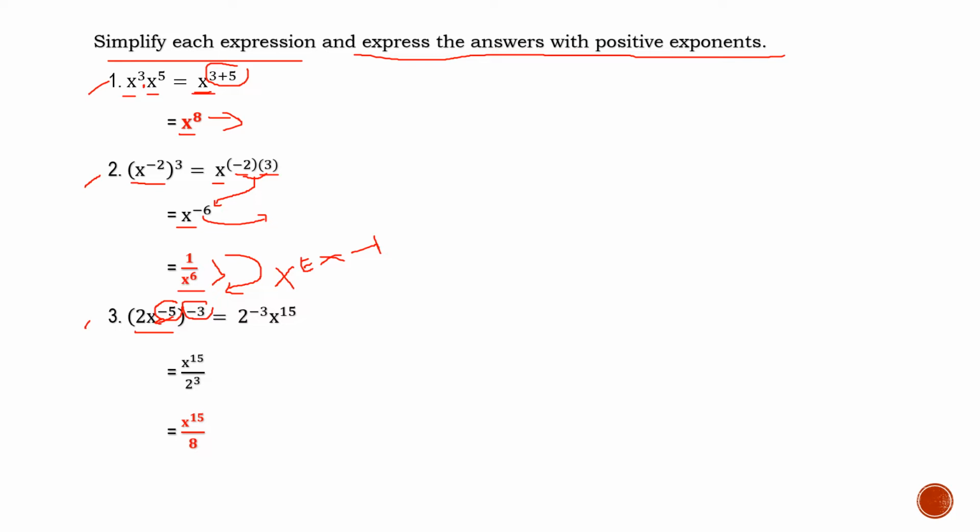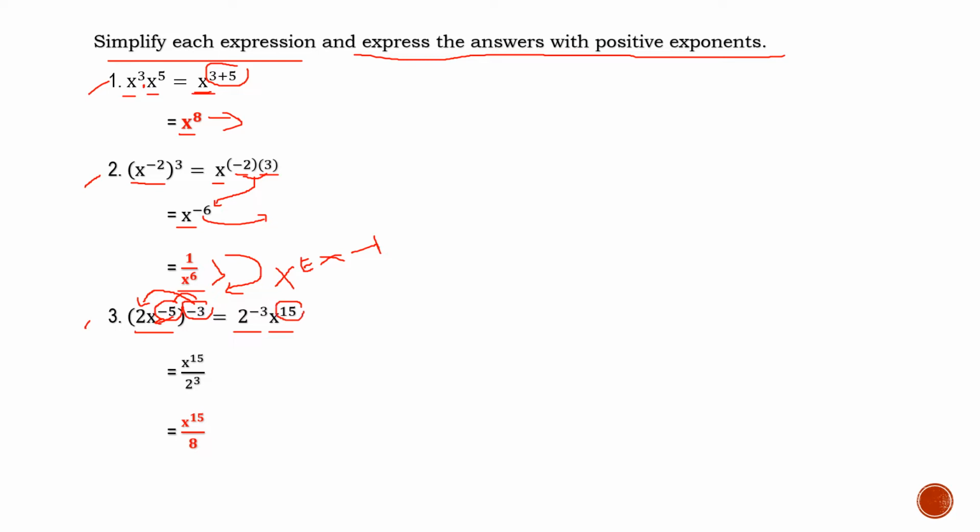Now, we just simply distribute this negative 3, as your exponent outside your parentheses, to the two bases inside your parentheses. So it becomes 2 raised to negative 3 and x raised to negative 15. Negative 3 multiplied by negative 5 becomes positive 15.